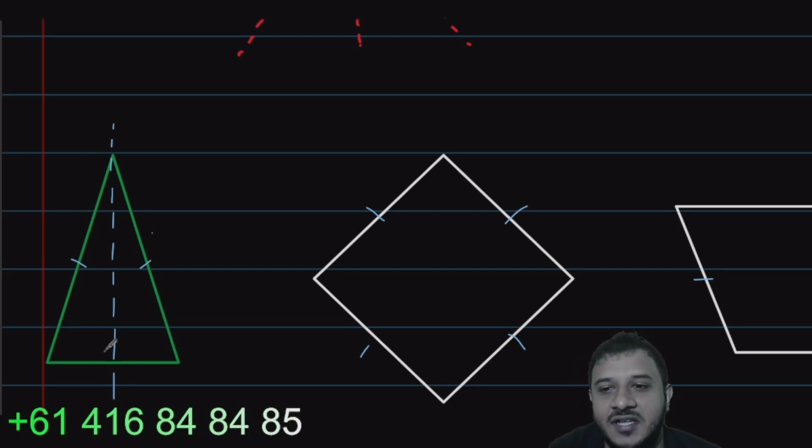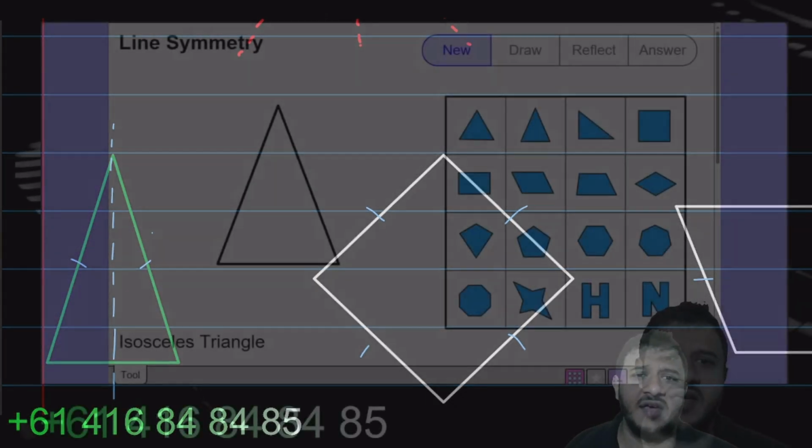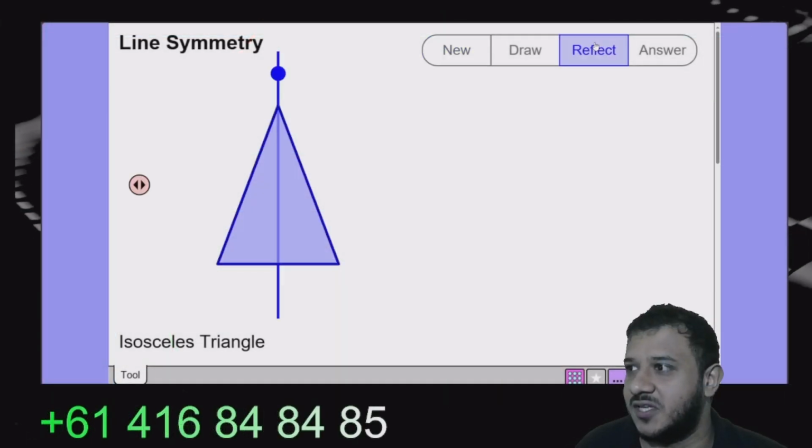In an isosceles triangle, Pute, there's only one axis of symmetry. Because you can't draw another axis of symmetry here. I'll show you why not. Because end of the day, even when I was going to school, I had an issue. Like, why is axis of symmetry not working for isosceles?